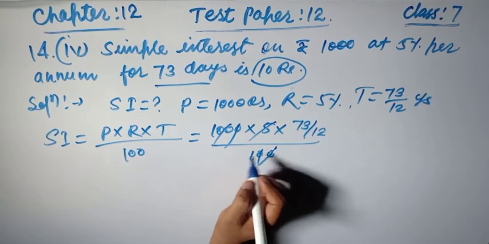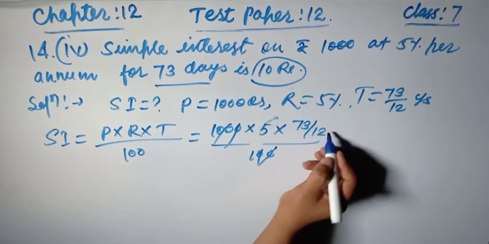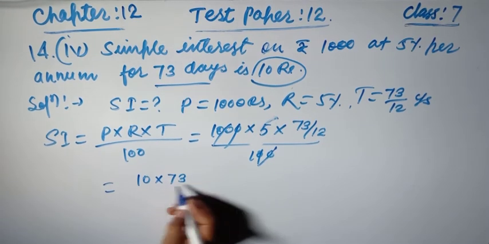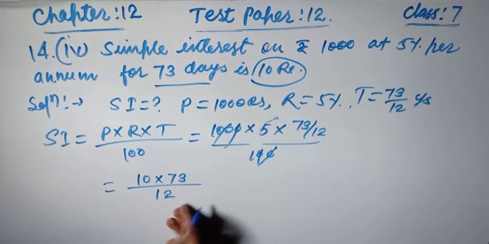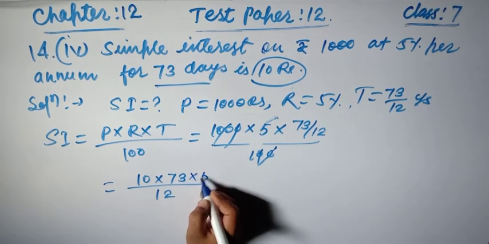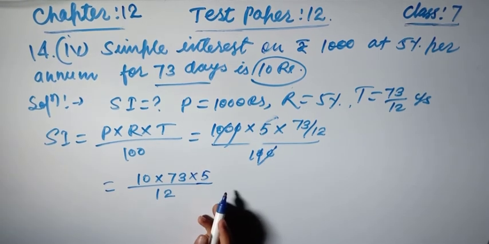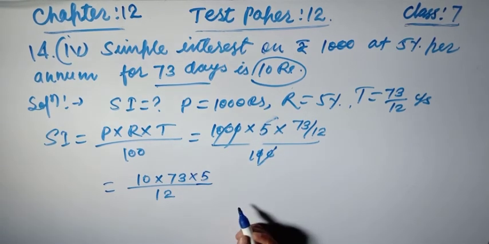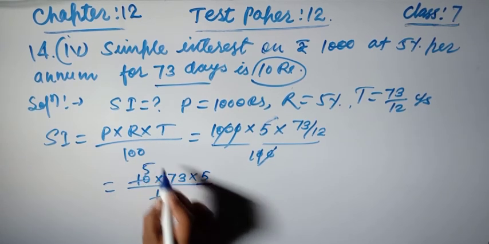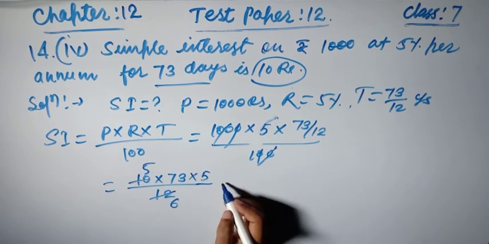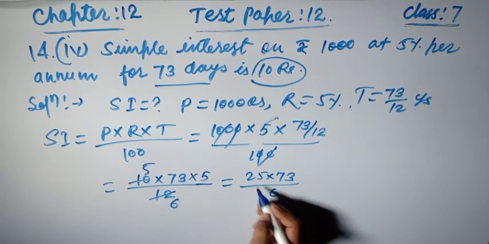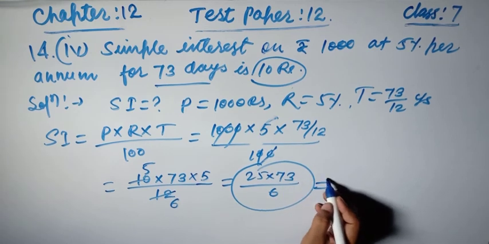Now what becomes 10 multiplied by 73 divided by 12, this is 10 multiplied by 73, and here 5, this is 5, this is 12. Now 2 5 times 2 is 6, friends, and 2 5 will get cancelled. Now 25 multiplied by 73 divided by 6, this is not equal to 10 rupees.